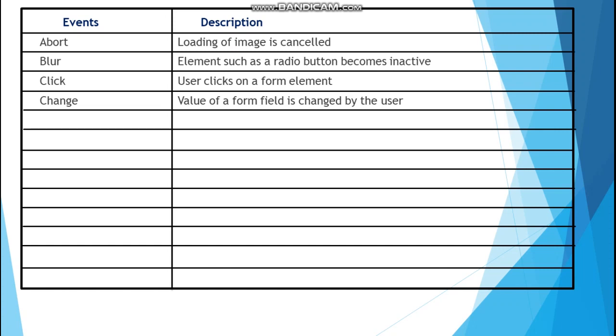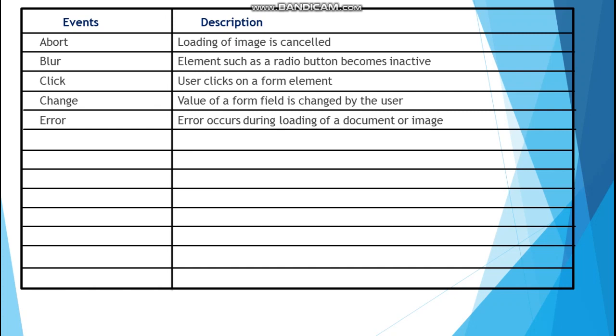So whenever we type something in a particular text box or any other object, then the value of that object gets changed. Whenever you change any detail in a particular input object, at that time the change event occurs for that object.